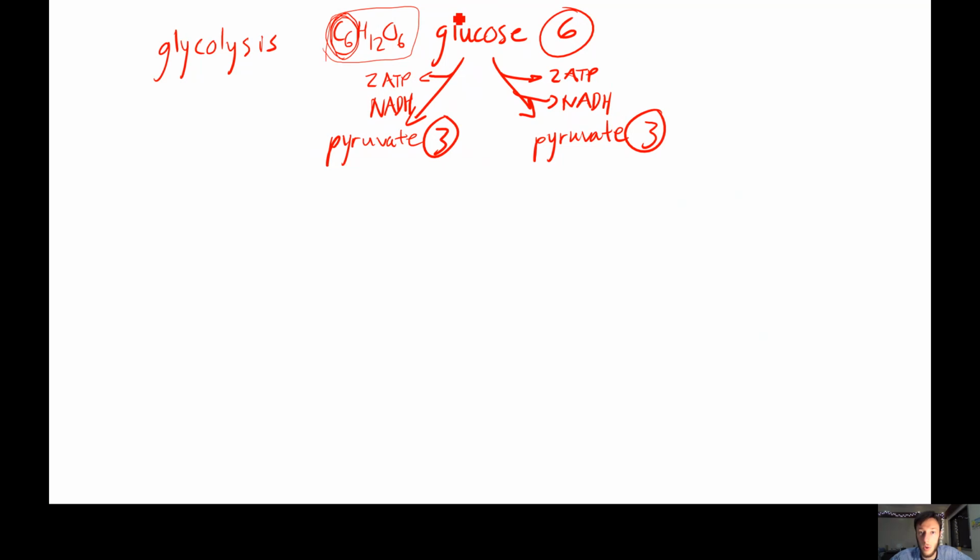Okay, and that'll make more sense if you look at the whole process. But for now, just know this much. Glucose to pyruvate, 2 ATP, NADH.